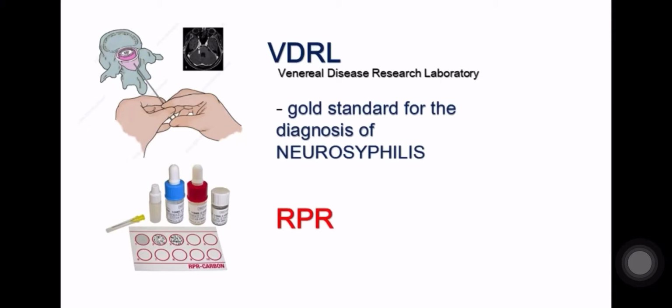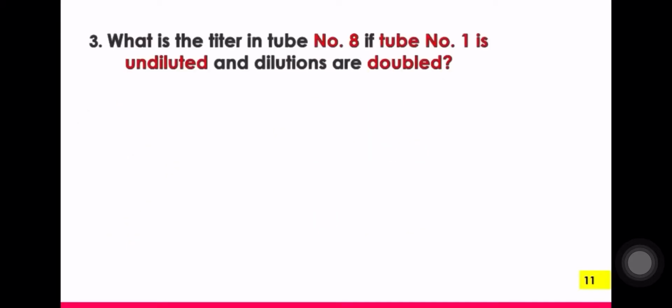Likewise, it cannot replace the VDRL for diagnosis. Although there is a problem with the sensitivity of CSF VDRL, remember the CSF RPR has a high false negative rate. So the correct answer for that question is unreportable. RPR test should not be performed on CSF because of false negatives.